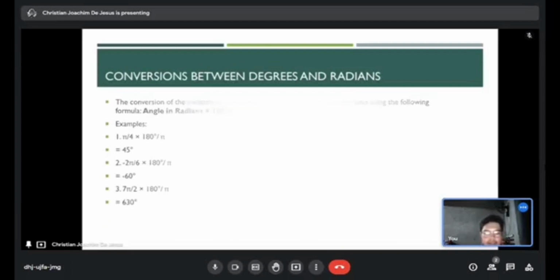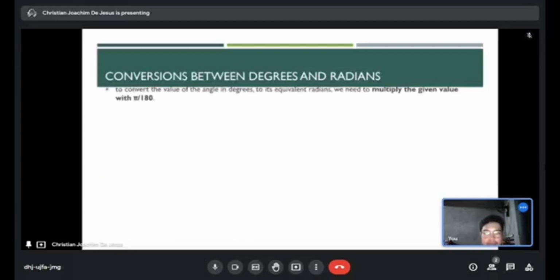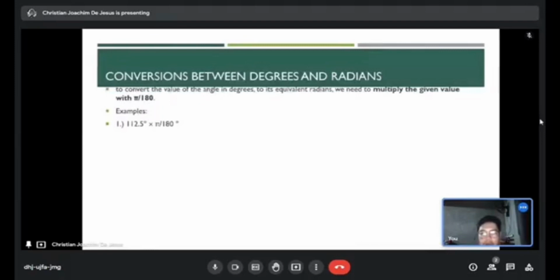Next. To convert the value of an angle in degrees to its equivalent in radians, we need to multiply the given value by pi over 180. Here are a few examples. 112.5 times pi over 180 degrees.